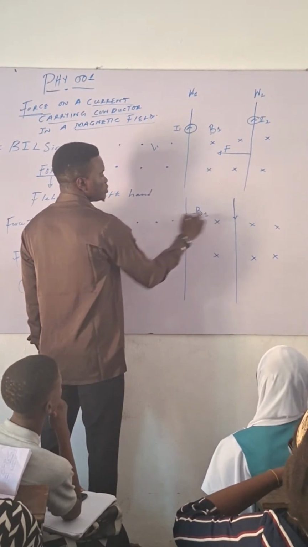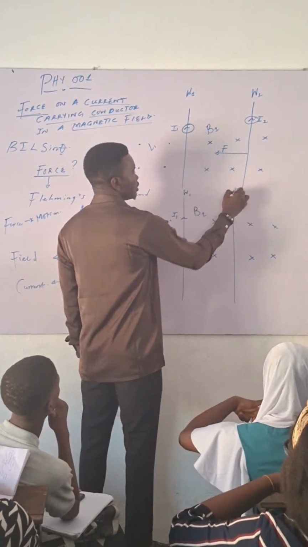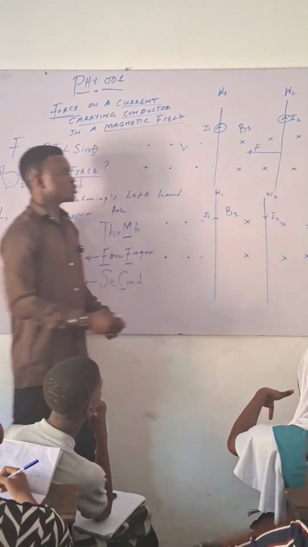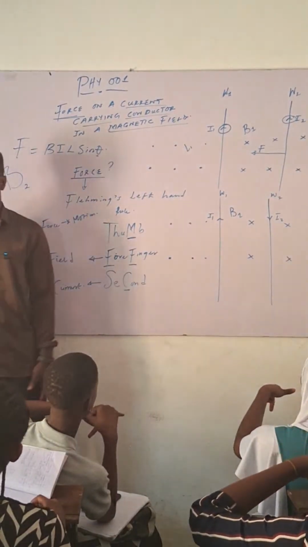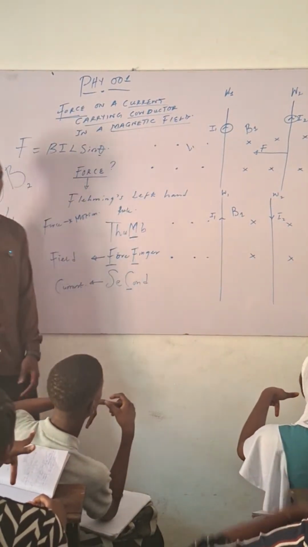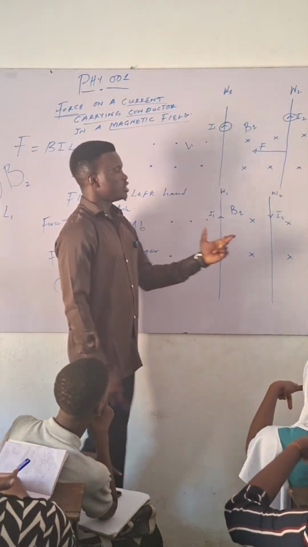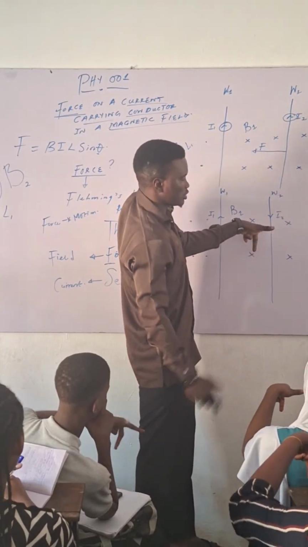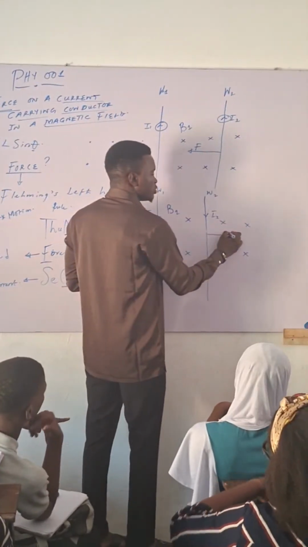The field is due to B1, I1, L1, whatever, wire 1, wire 2. So this is I2. What force will I2 experience due to the field of B2? The field is still inside, abi, but now the current is downward. So your thumb is pointing this way. That means it will repel the wire.